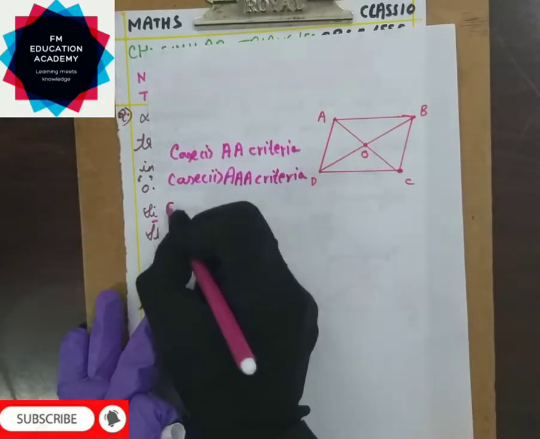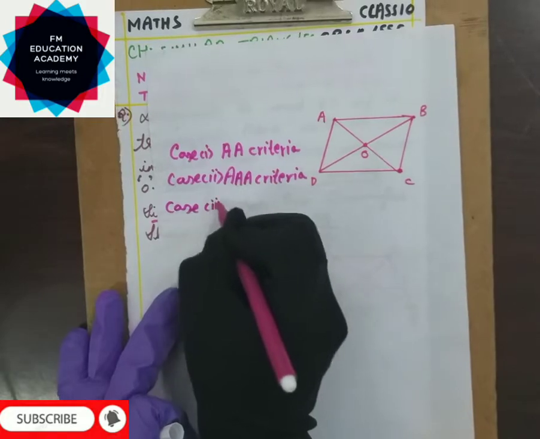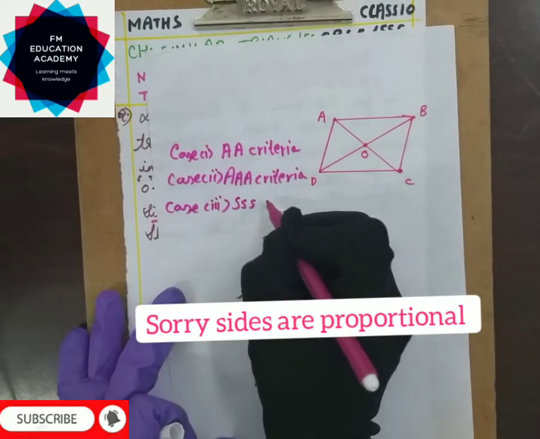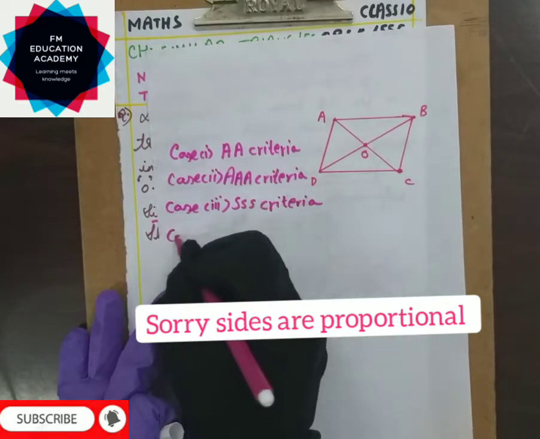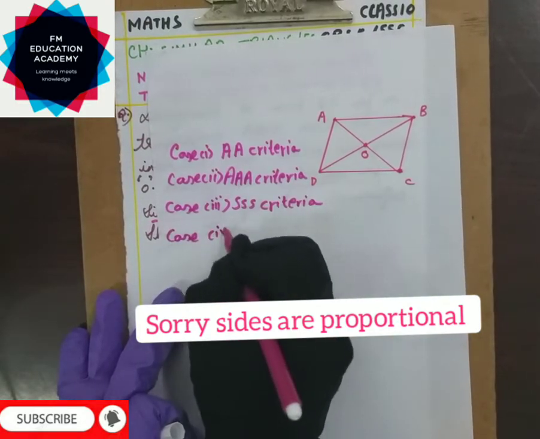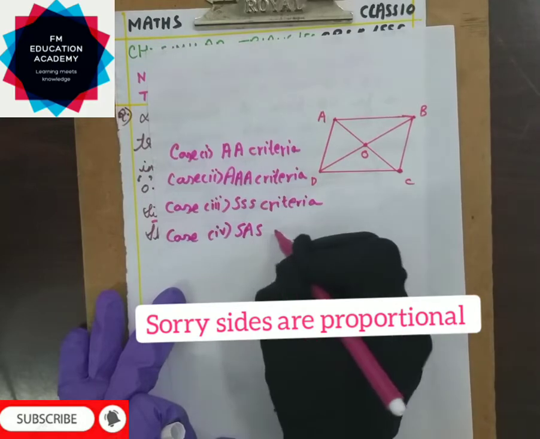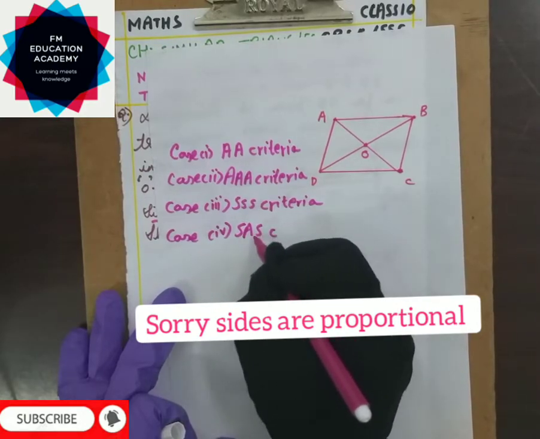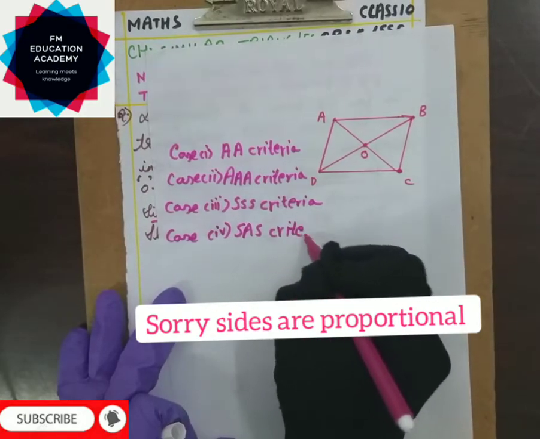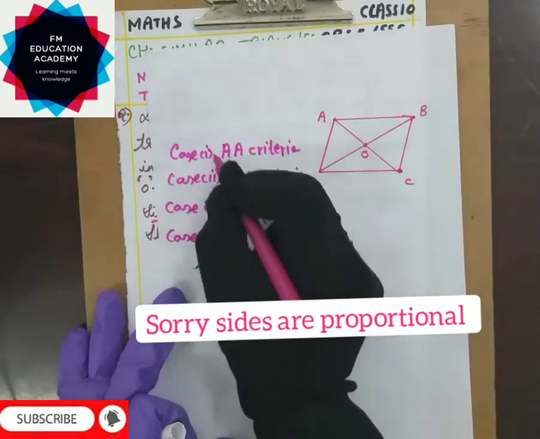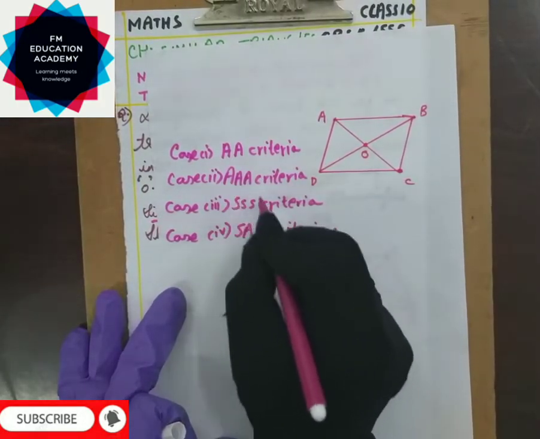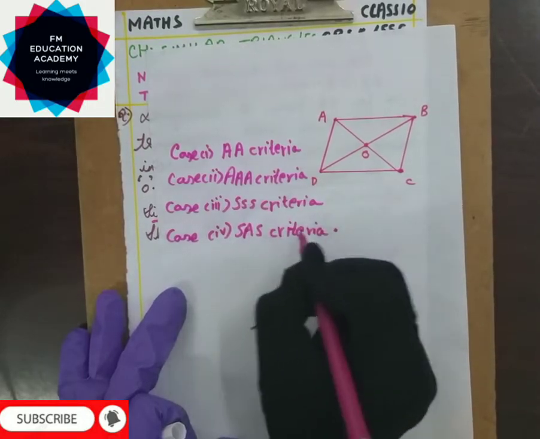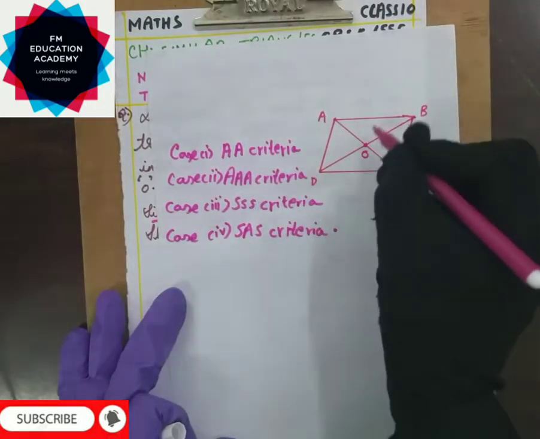Then we have when all the three sides are proportional, we can say the two triangles are similar. Or when two sides and the angle between the two sides are equal, we can say by side angle side, there is SAS similarity criteria, the two triangles are similar. So either we can use angle criteria or side criteria or side angle side criteria in order to prove that the two triangles are similar.